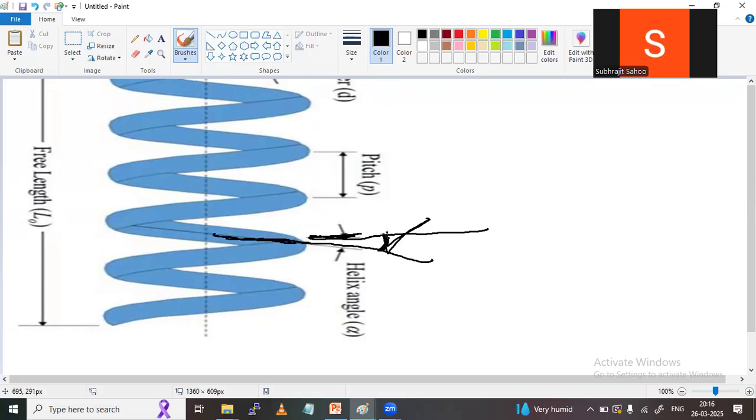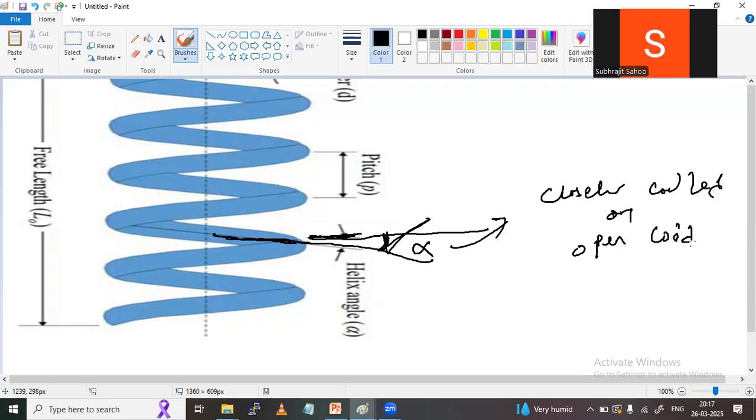This is the horizontal axis, and the axis of this creates one angle, right? This angle is called the helix angle, and this helix angle decides whether your spring is closely coiled or open coiled, right? So how to know whether it is a closed coiled spring or open coiled spring? Based on this helix angle.